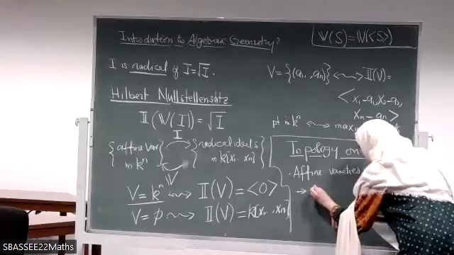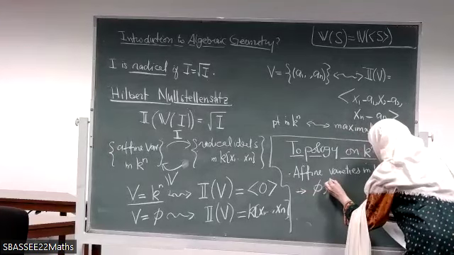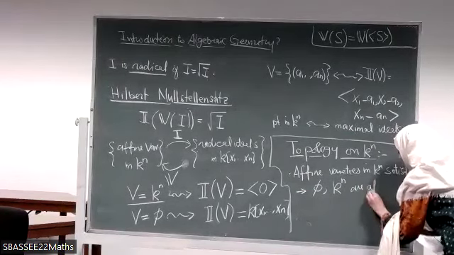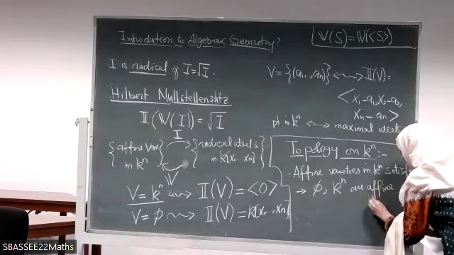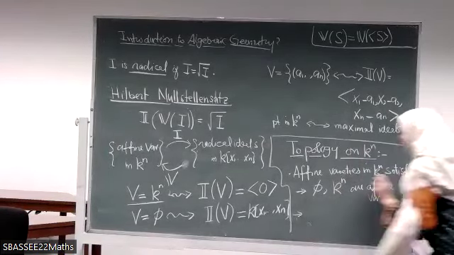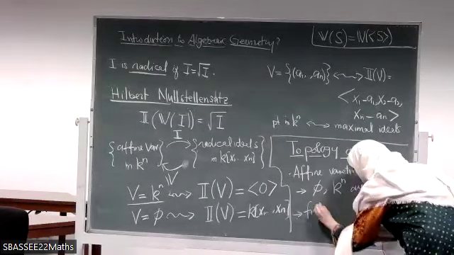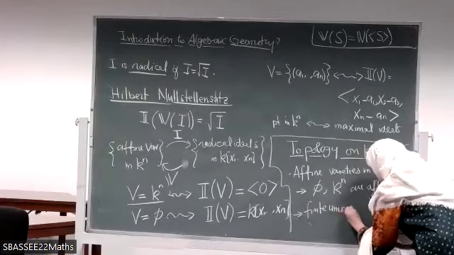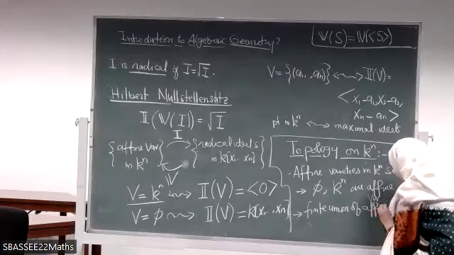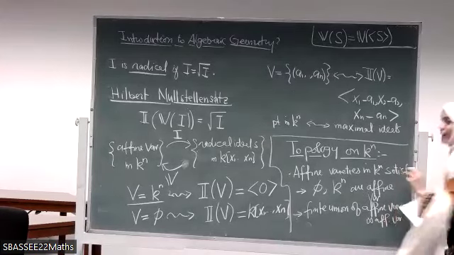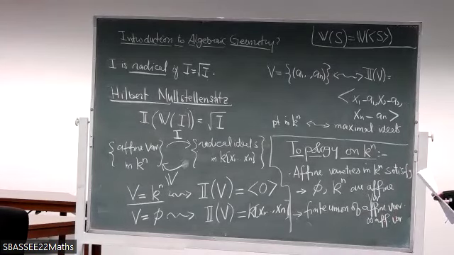The very first one is that the empty set and the affine space itself are affine varieties. Agree? Another point which we have seen is that a finite union of affine varieties is an affine variety. We have seen it for two, but we can extend it up to finite ones.